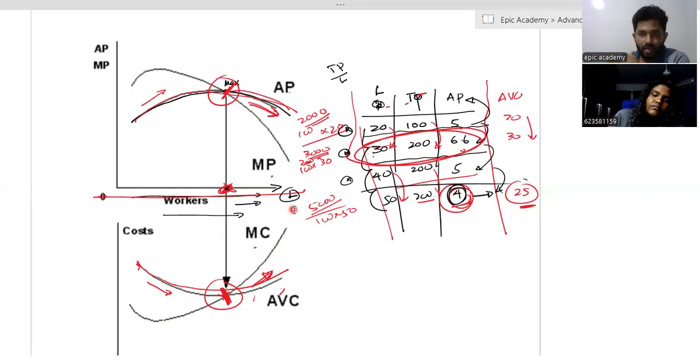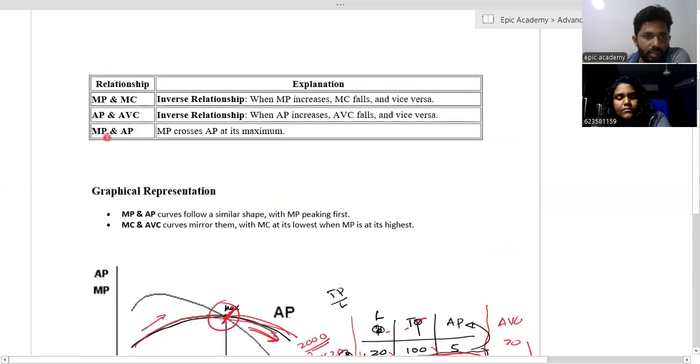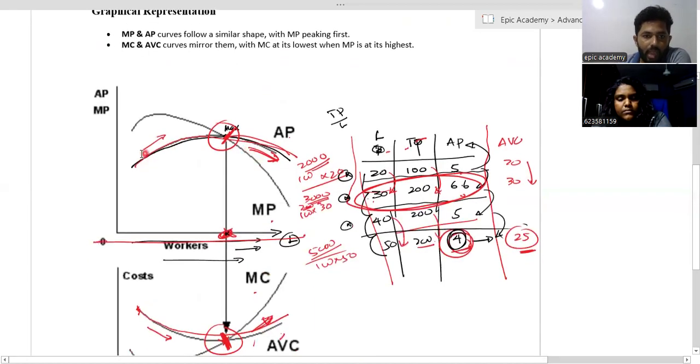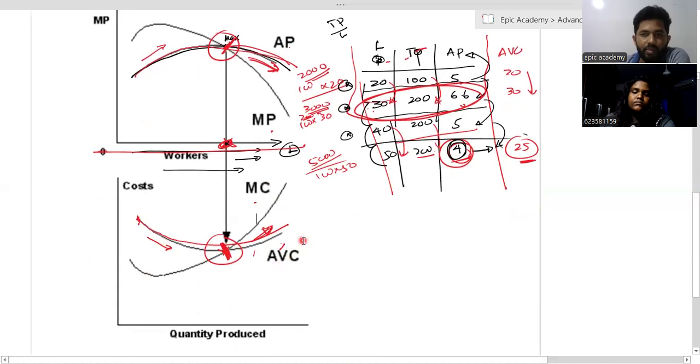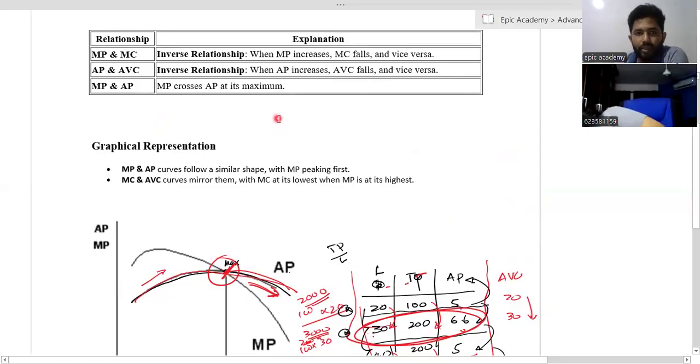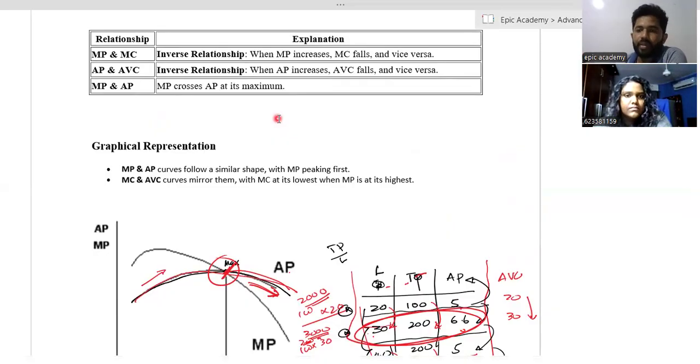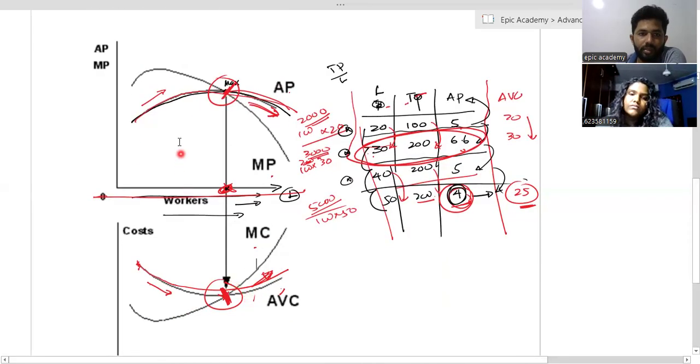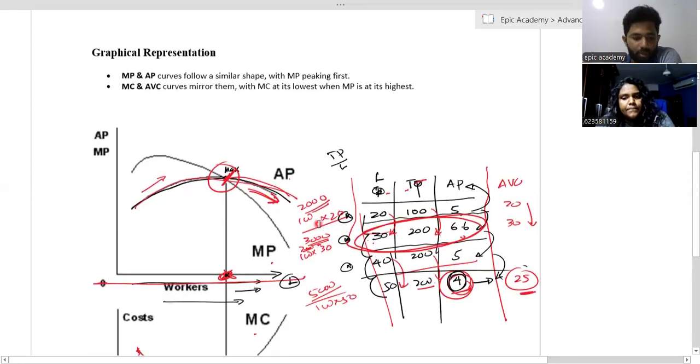It is an inverse relationship. This one also, AP and AVC, average product and average variable cost. It's average values. Inverse relationship. When the AP increases, AVC falls. AP increases, AVC falls. Maximum, minimum. AP falls, AVC increases. Inverse relationship between those two.